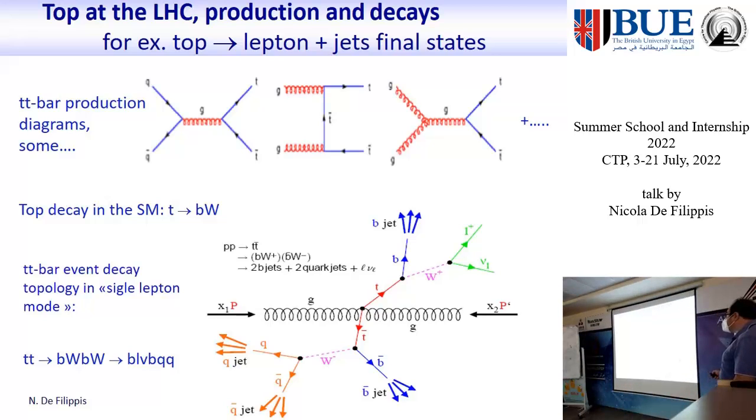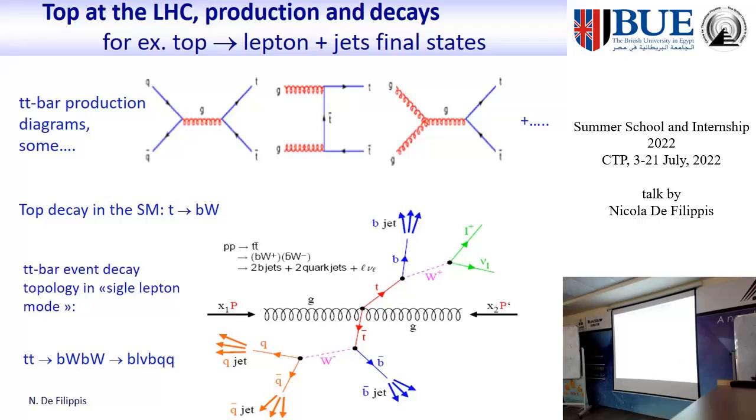And actually, t t-bar pairs could be produced from the proton-proton collision, and those are the diagrams that contribute to the t t-bar production. And here there is a schema of the decay chain that will give you the experimental signature.